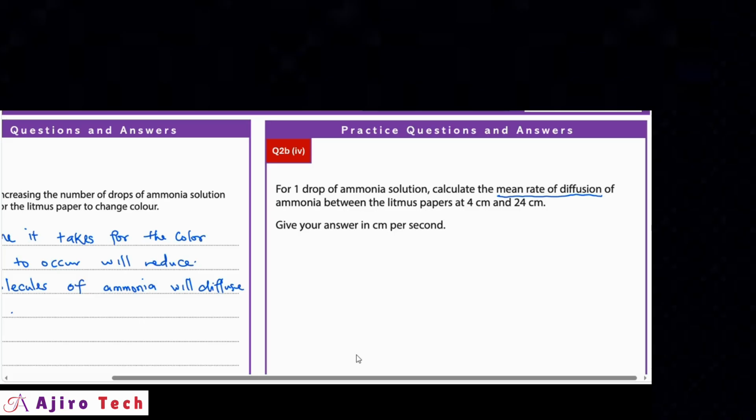The formula for calculation is, let's say, mean rate of diffusion equals distance traveled divided by time taken. So that is the formula.